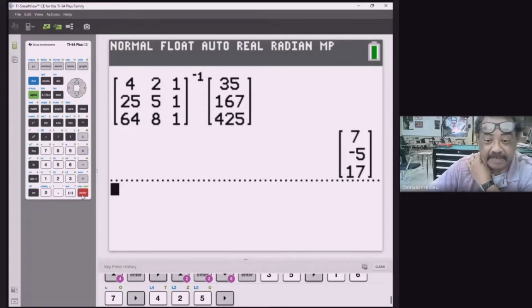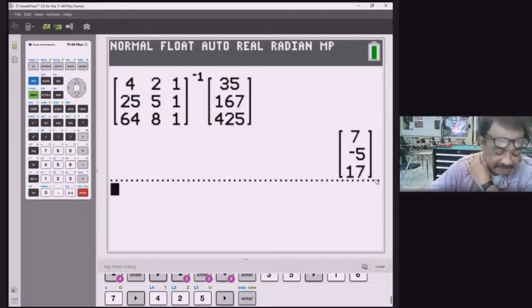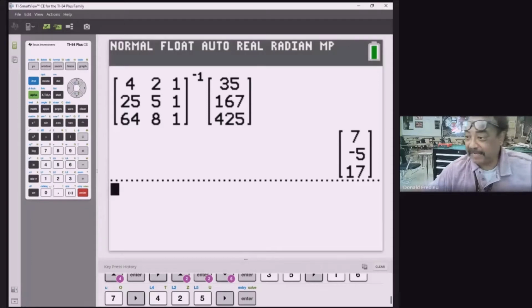And if I press the enter button, I've got the answer. And this is my answer: 7, -5, and 17. So I'm going to go back and show you the camera again. The camera is called Ladybug, guys.